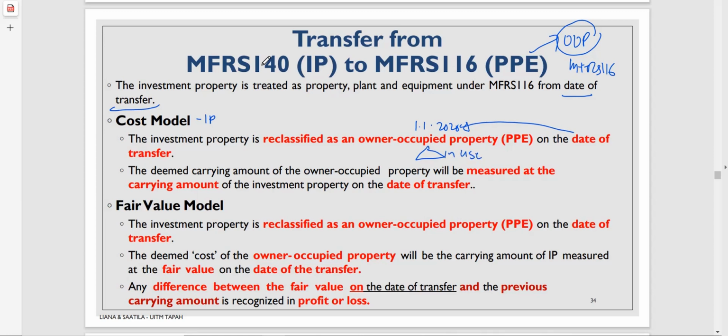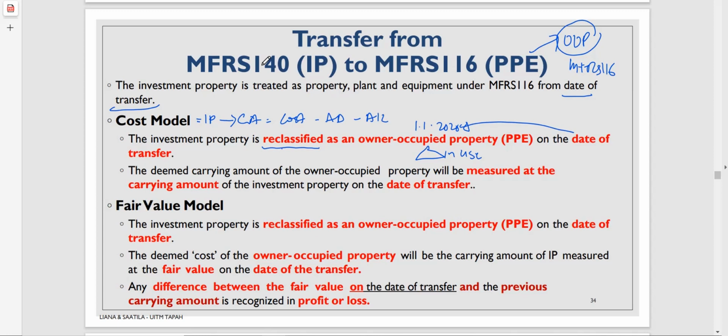So from there onwards, up until maybe another event takes place, the asset will be a PPE. And when it was using the cost model, it means that when it was an IP, before being reclassified, it is carried at cost minus accumulated depreciation less accumulated impairment loss. So this is for the case of cost model for IP.